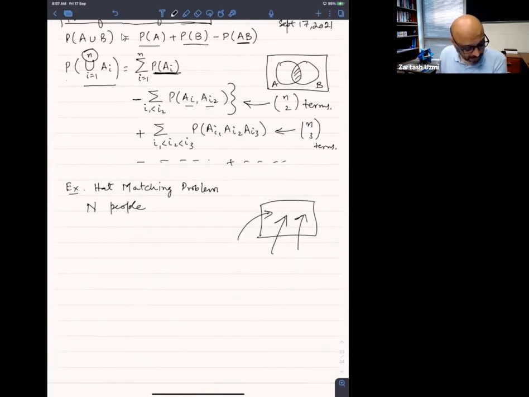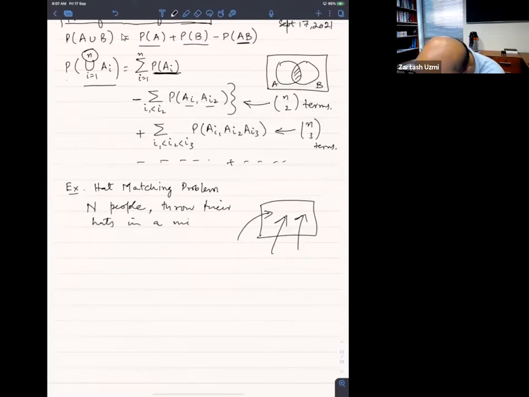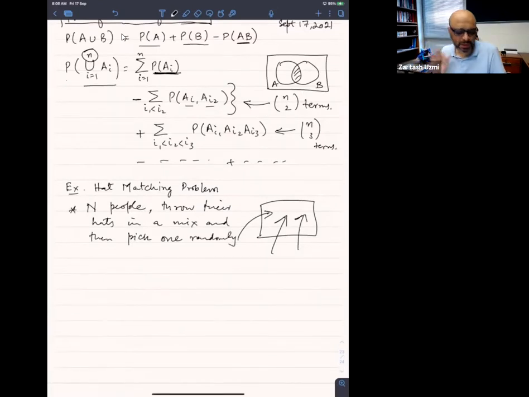After that, they pick one each randomly, either simultaneously or one by one, same thing. So n people throw their hats in a mix, and then pick one randomly. This is the situation which is given to us.